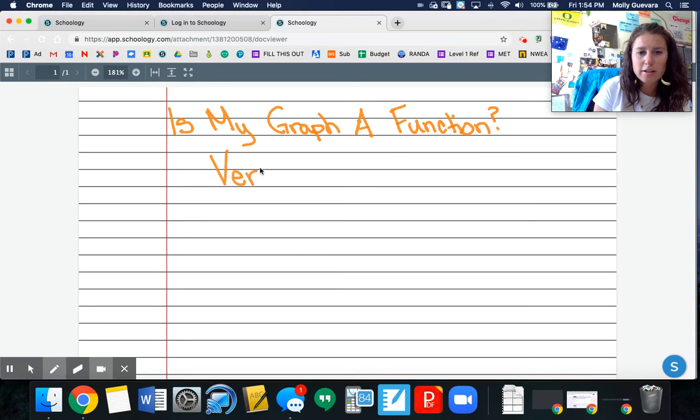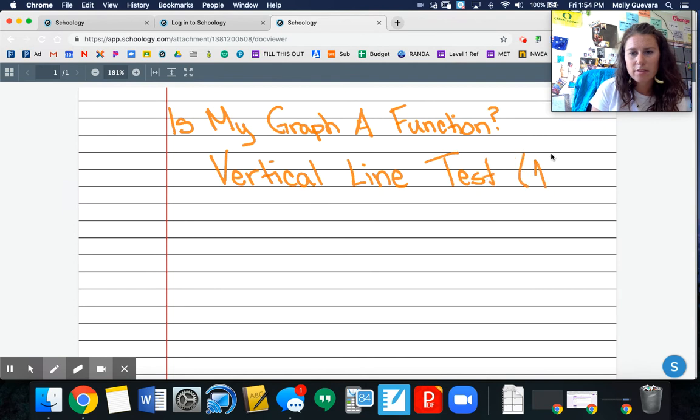Woohoo! The vertical line test. VLT, vertical line test. So the vertical line test, and I'm going to write it out, and then when we do our examples, I think you'll be like, oh, that's super easy.